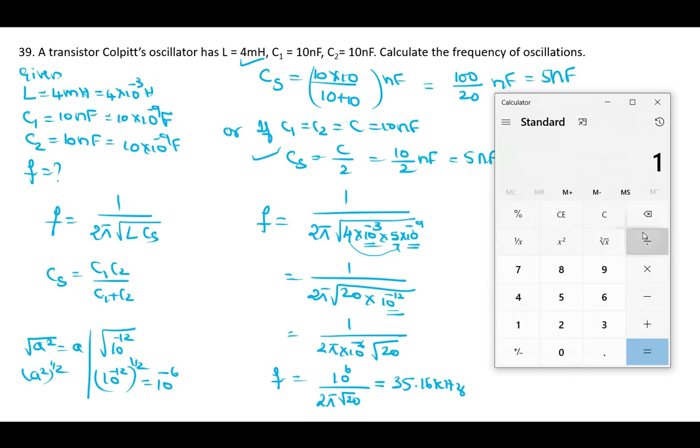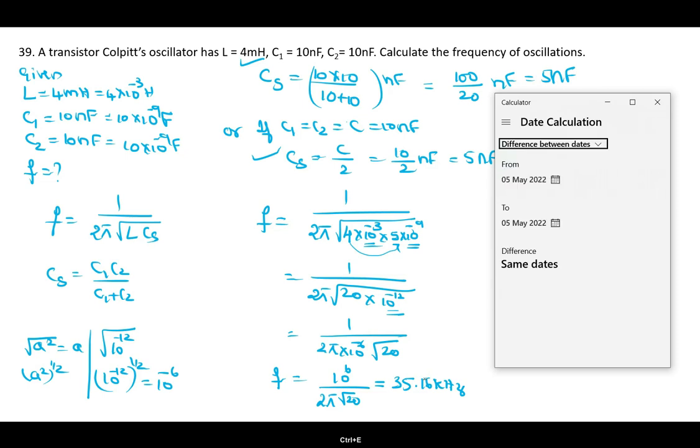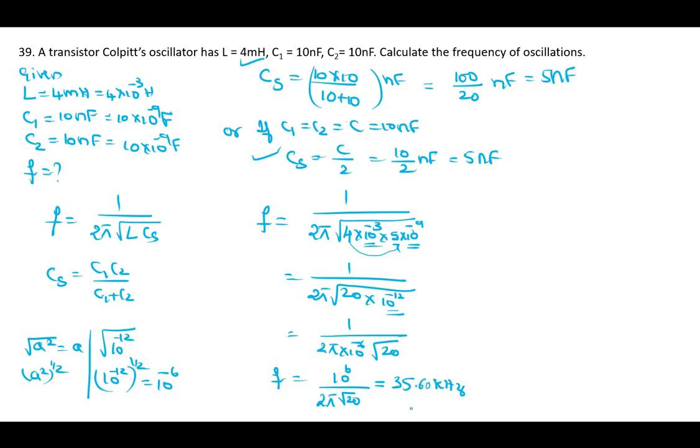So 1 divided by 28.085. I got this, and in the numerator it is 10 raised to 6. I'll keep it as kilo, so into 10 raised to 3, that is 1000. If I multiply that by 1000, I'll get 35.606. So it is 35.60 kilohertz.